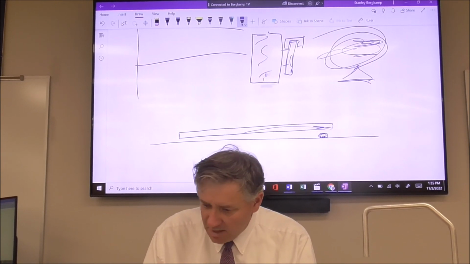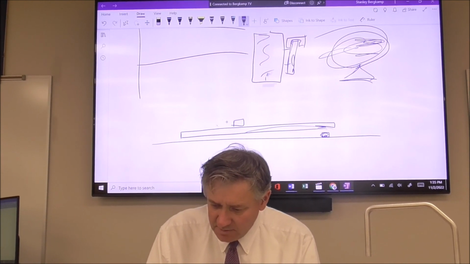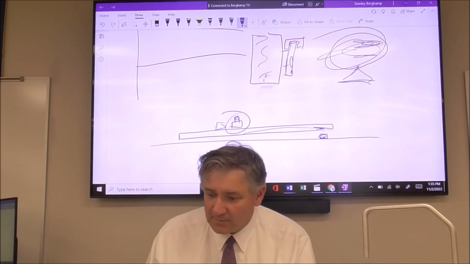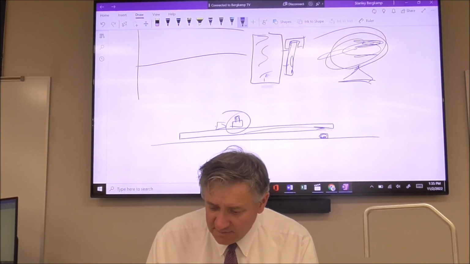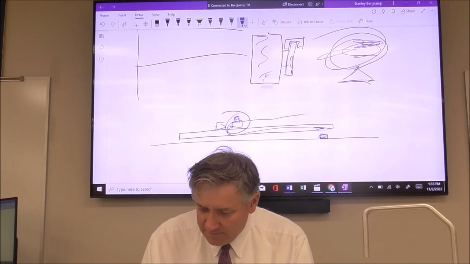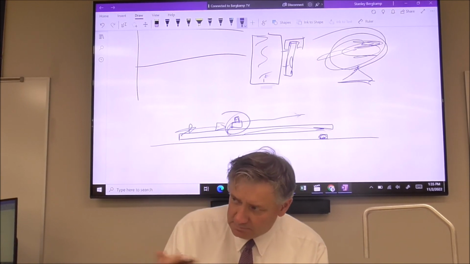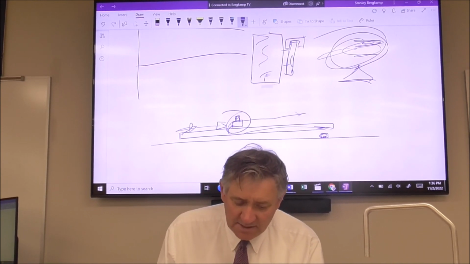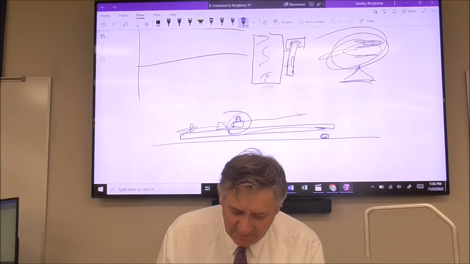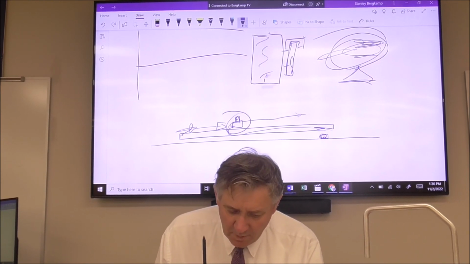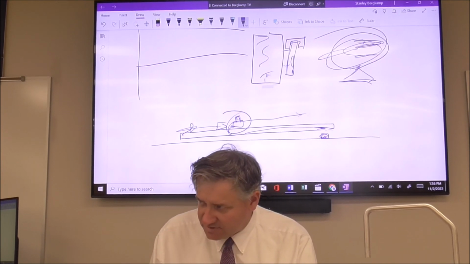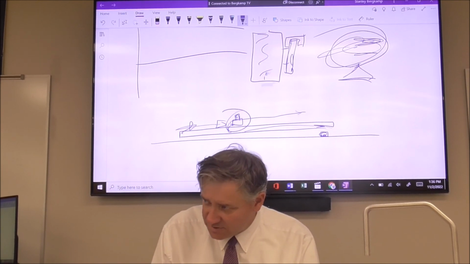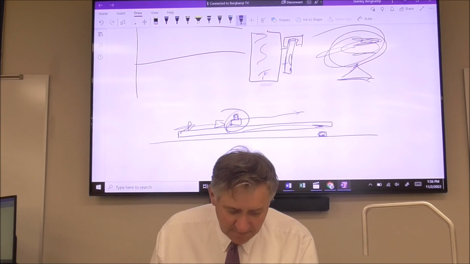So here's my block of wood. Here's my 2 carts. This is the one that's going to have more mass. Imagine that you have it sitting there. You hit the plunger. This is going to go up. And this one's just going to go in that direction. Now, I tell you, assume that the more massive cart has a positive velocity. Label the point where the more massive cart changes direction. So you're not going to know numbers. You're just going to come up with a general shape. Keep that in mind.